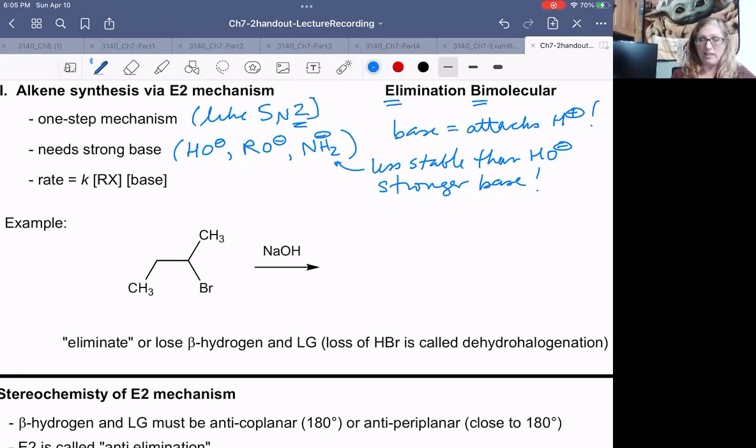So let's take a look at an example here. If we used NaOH and we react it with this alkyl halide, what's going to happen is, let's draw in one of the hydrogen atoms in this compound. The hydroxide is going to attack that proton.